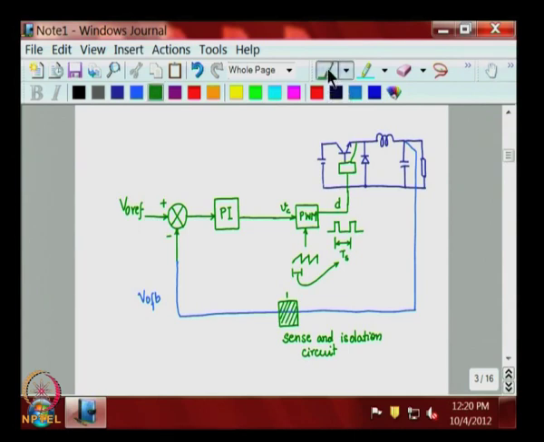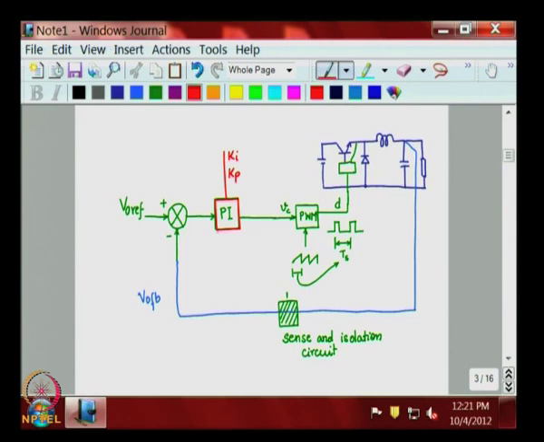Now, our main aim is to focus on this block. How are we going to tune this? Now, this block in itself is having 2 parameters. One is the Ki, the integrator scaling factor, and the other is Kp, the proportional scaling factor.